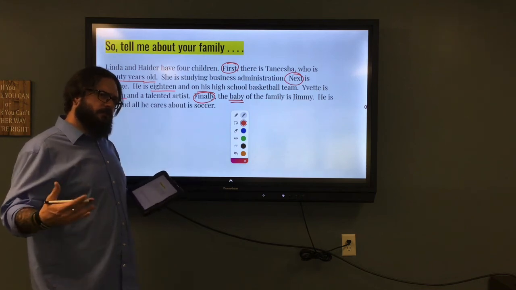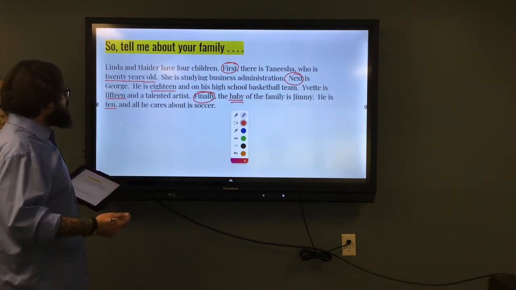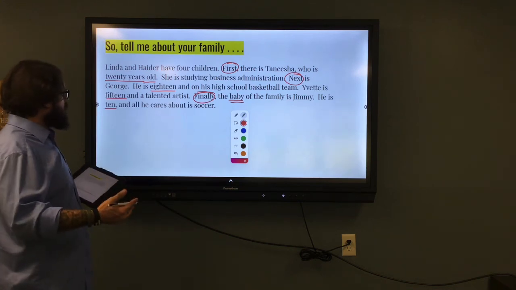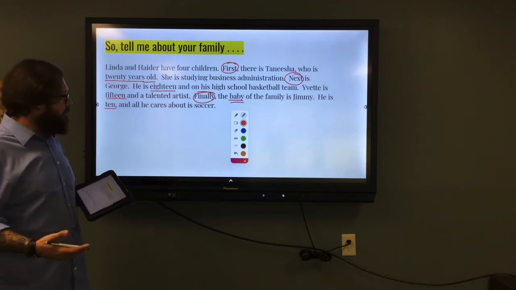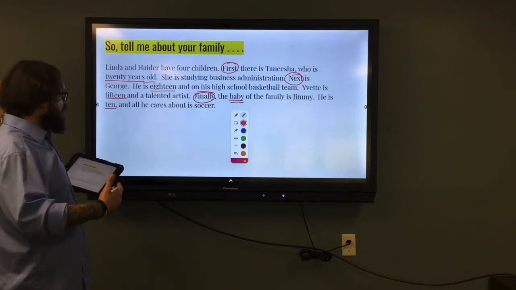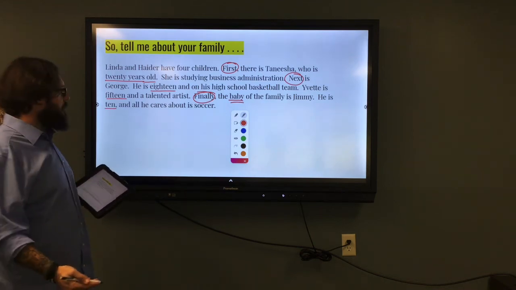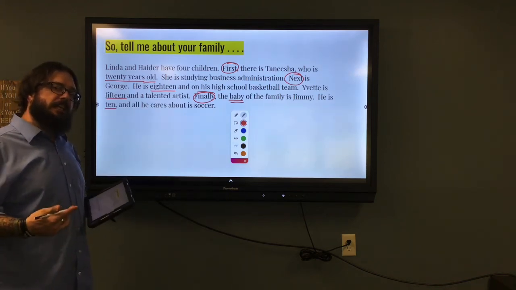If we think in terms of order of degree, they begin with Tanisha, who's 20. Next, George, who's 18. Yvette is 15. And then finally, Jimmy, the baby, is 10. All right, so we have 20, 18, 15, and 10.